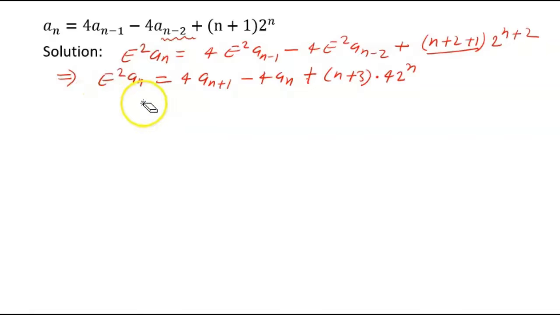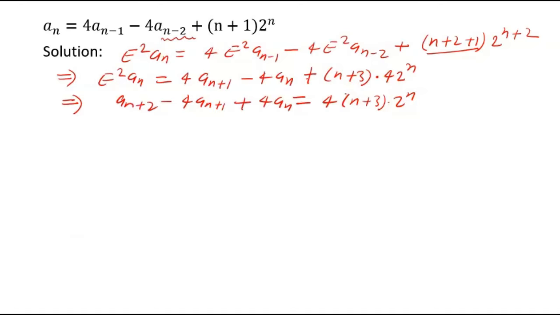So I can write it like a_(n+2) minus 4 a_(n+1) plus 4 a_n is equal to 4 times (n plus 3) into 2 to the power n. Now let me collect the terms: E squared minus 4E plus 4, and here we have 4 into (n plus 3) into 2 to the power n, and I missed writing a_n here.